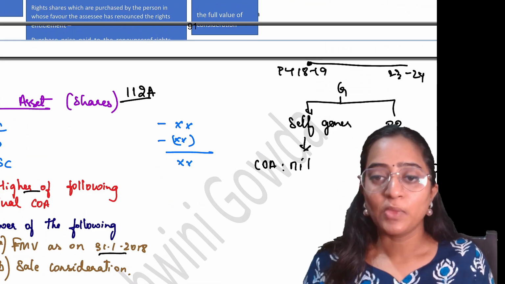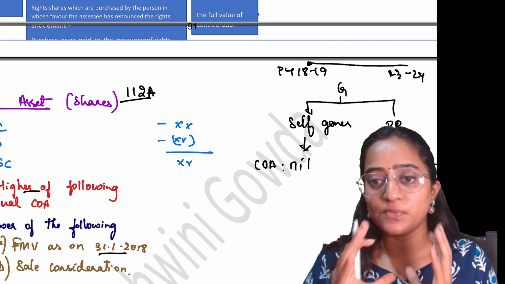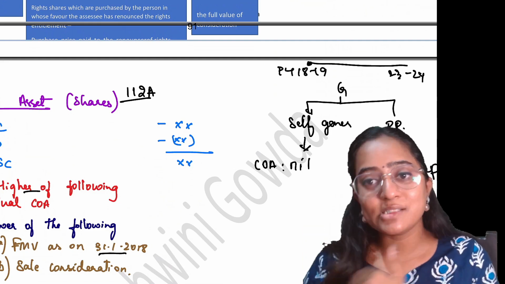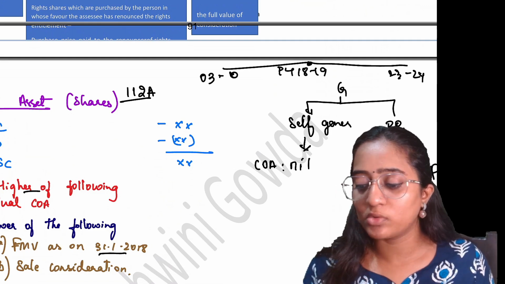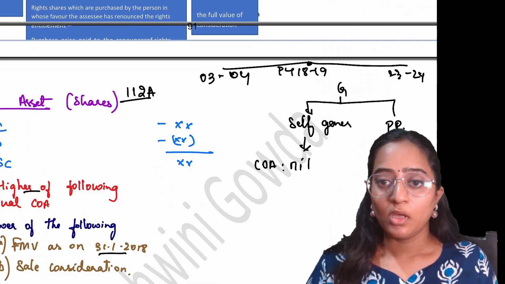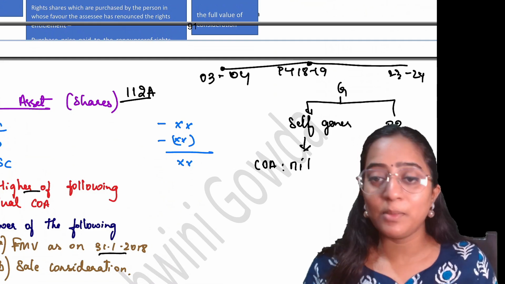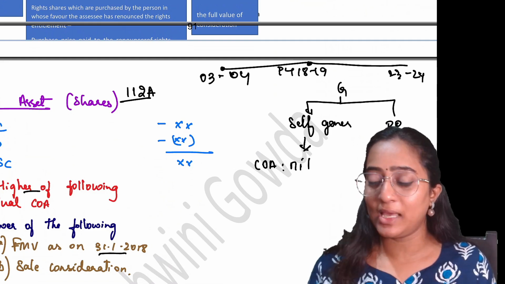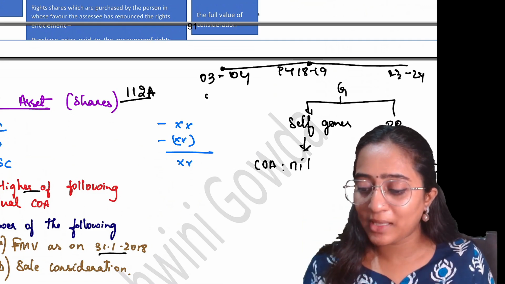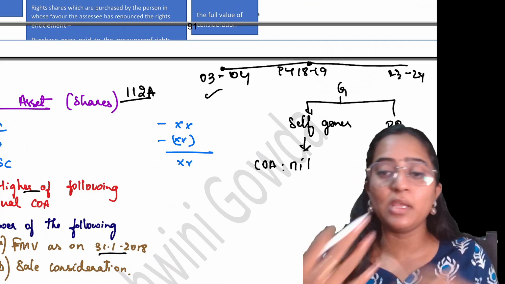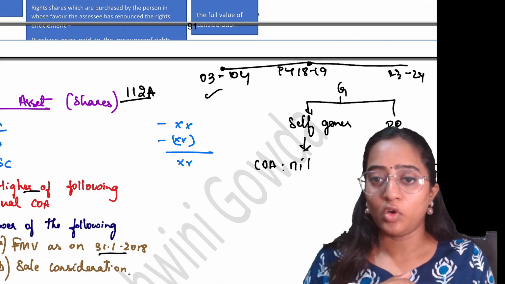You are selling that in 23-24. Your parents purchased that in 2003-04, suppose. The cost of acquisition your parents have incurred, that is, the previous owner had incurred, will be your cost.